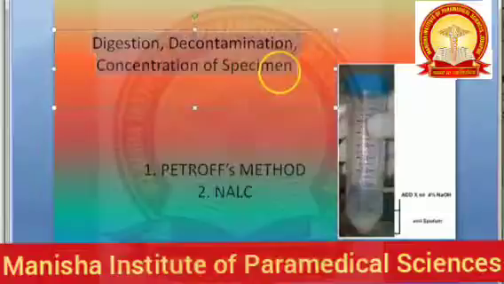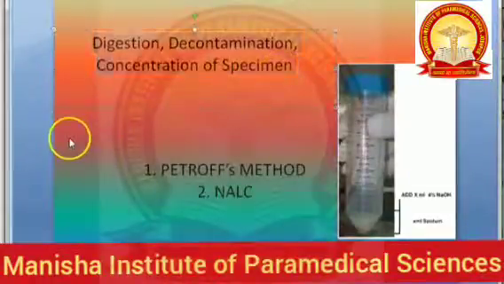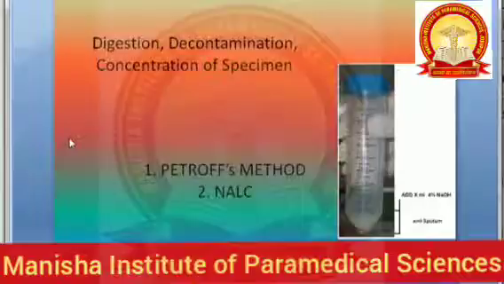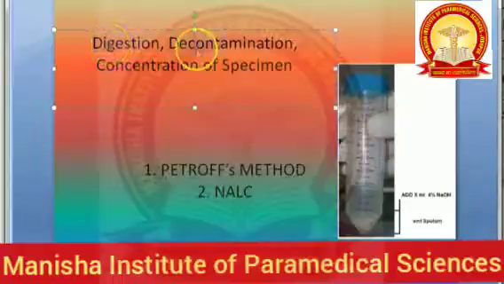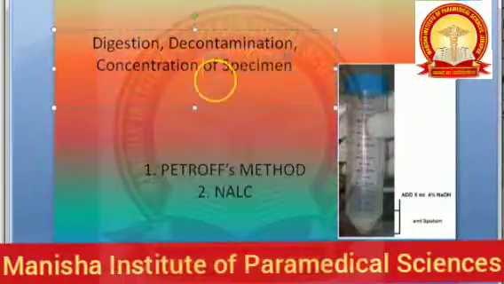Let us look at the step. We have seen tuberculosis lab diagnosis, right? In that, after collection of the specimen, that is the sputum, this procedure has to be done: digestion, decontamination, and concentration of the specimen.